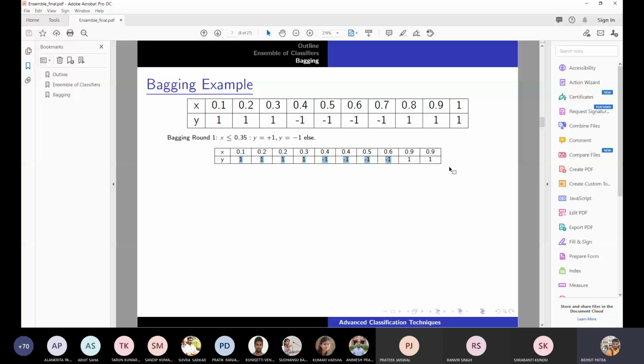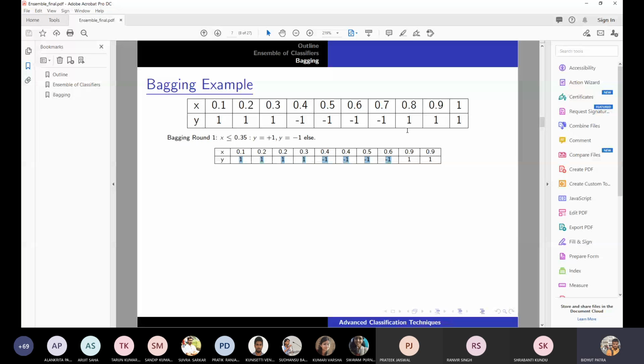So what will be the factor for each sample? It should be 0.5, so ideally one should be 0.25 and another should be 0.25. How do you get this value? It should be what we learned, 1 by 2 into epsilon.